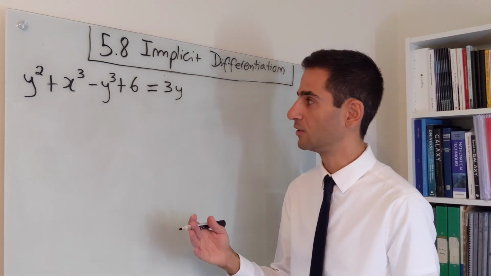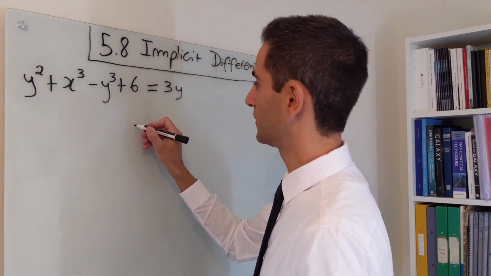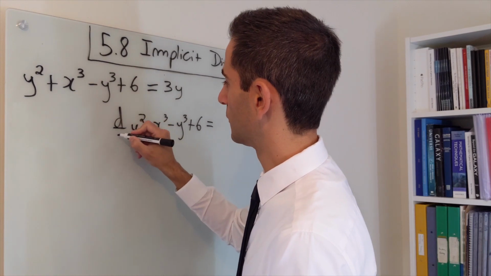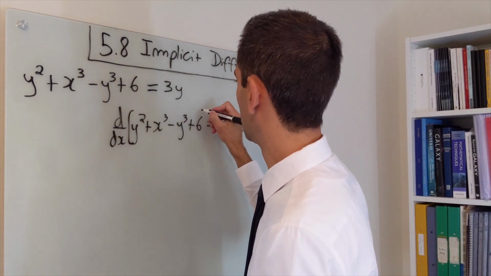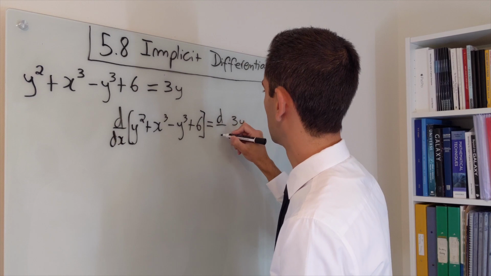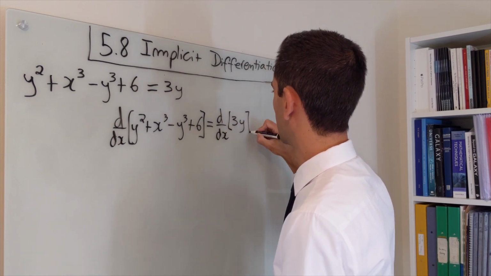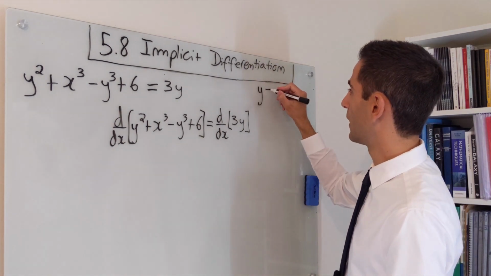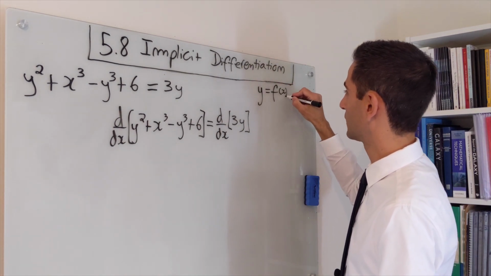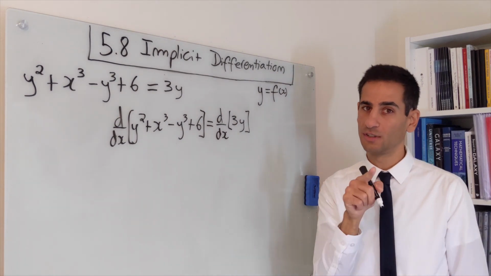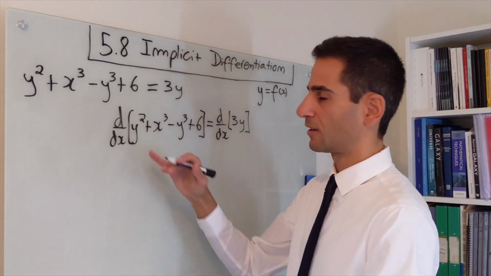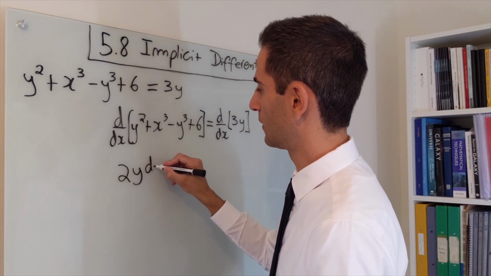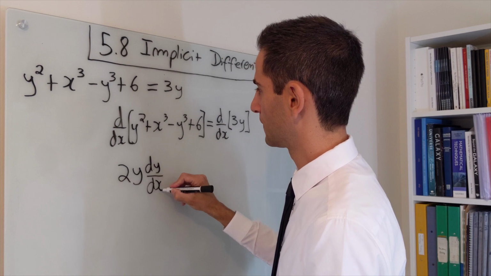First thing you should do is write the same expression, then apply the derivative operator to both sides, and then you calculate the derivatives, remembering that y is a function of x, and therefore you need to use chain rule. In this case, starting from the left, this gives you 2y dy dx.